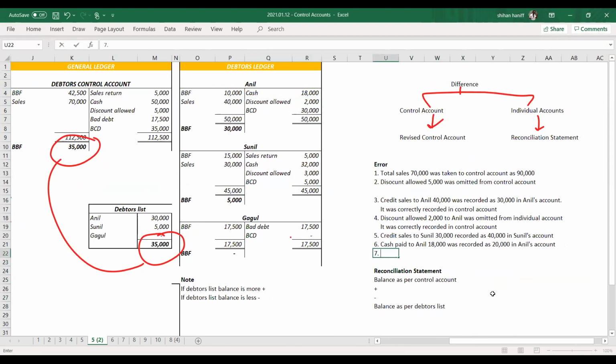Error number 7. Sales to Sunil omitted from all the books, that is, omitted from the control account as well as the individual account. Sales to Sunil, how much? 30,000.